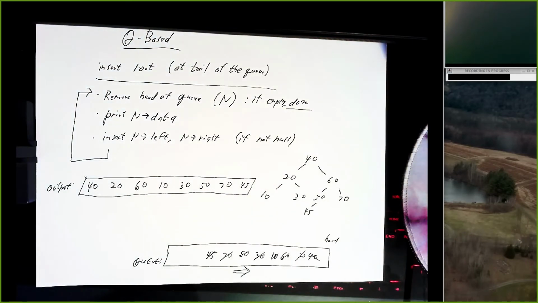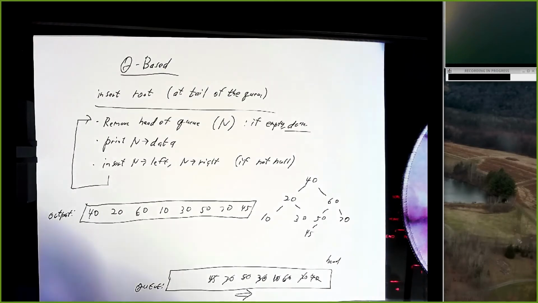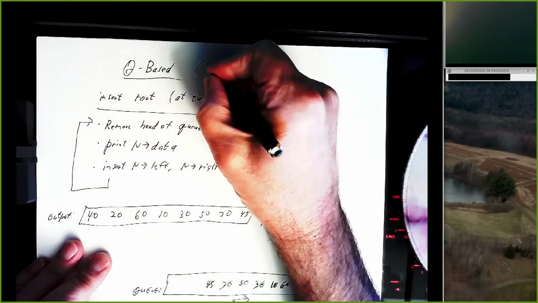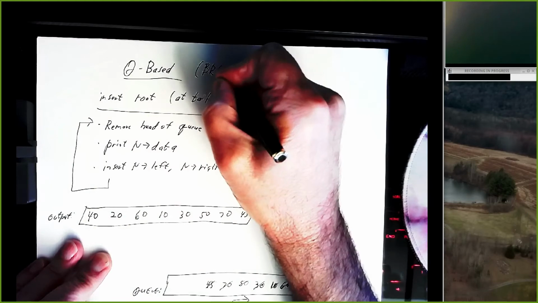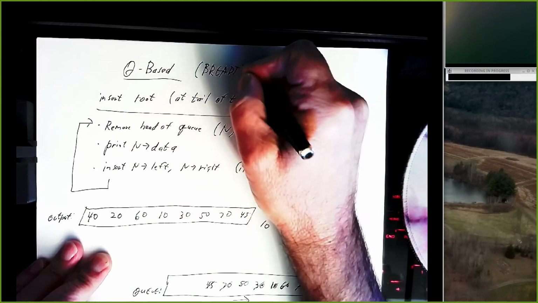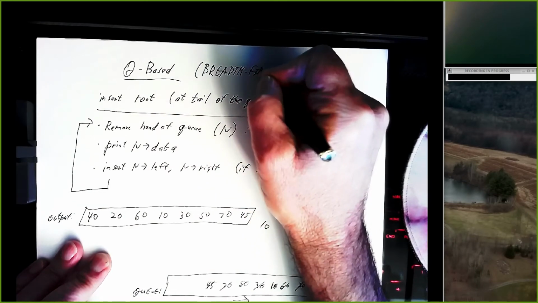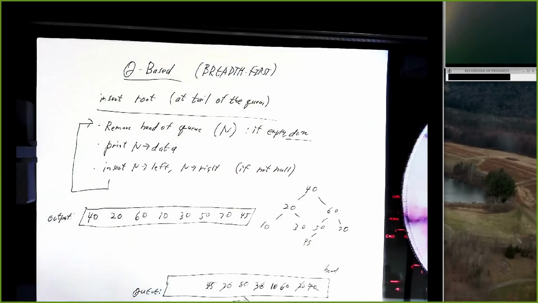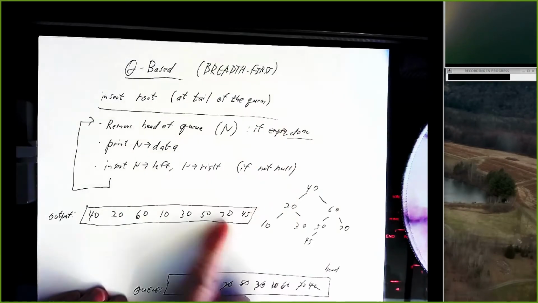So anyone see what the order is related to? Oh, it's breadth first. Mm-hmm. Gotcha. So depth means going down, breadth means going across.